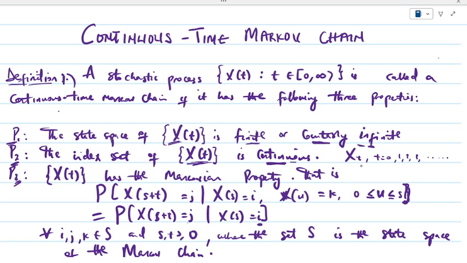It has to do with time, so our time is continuous.